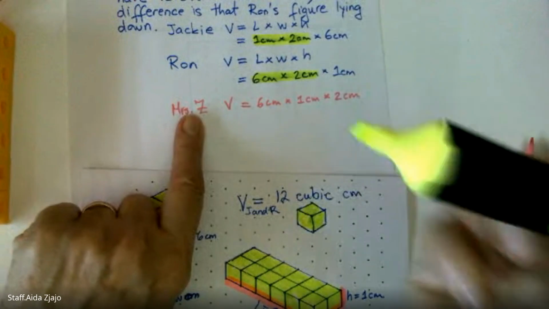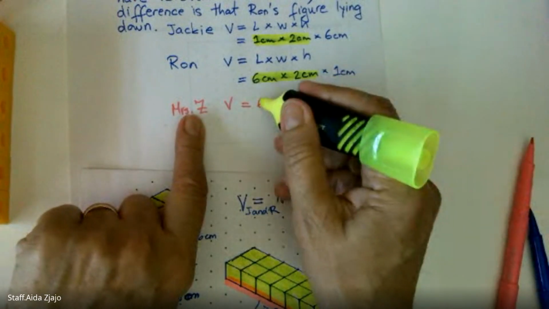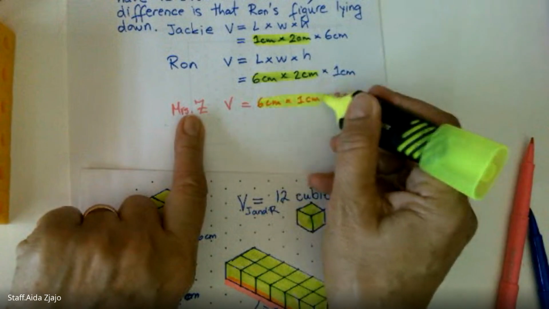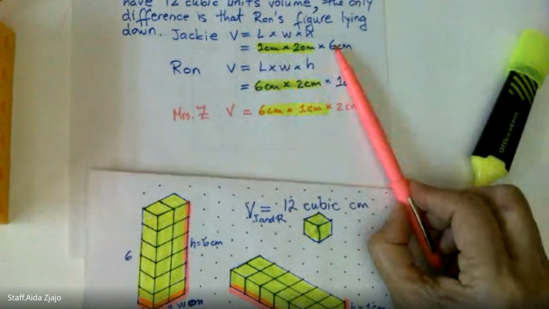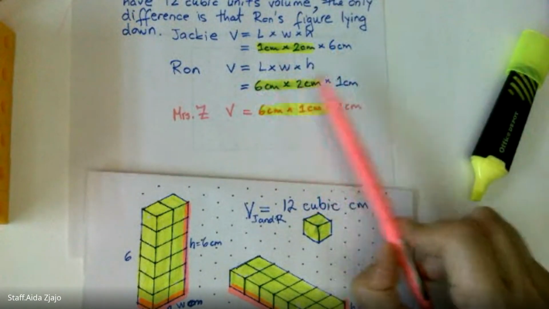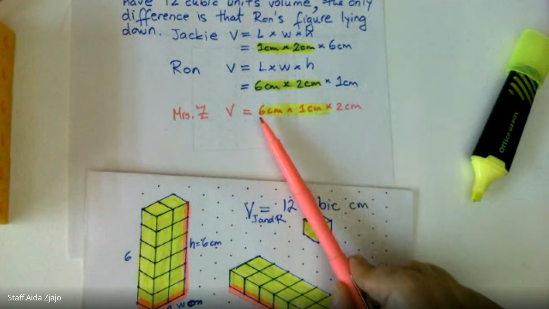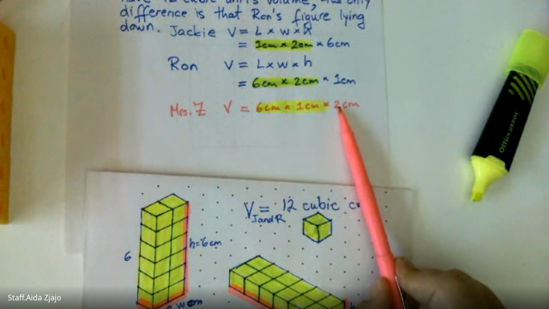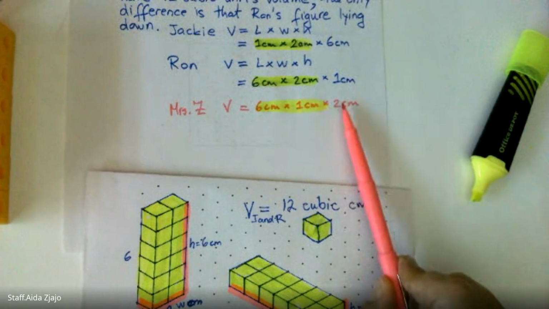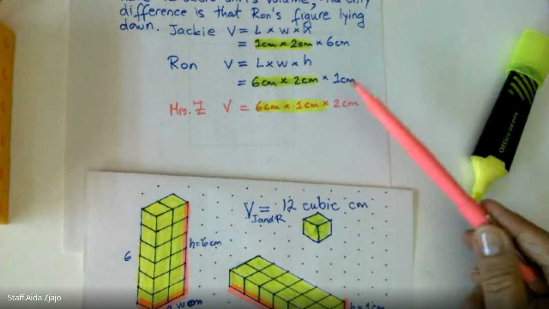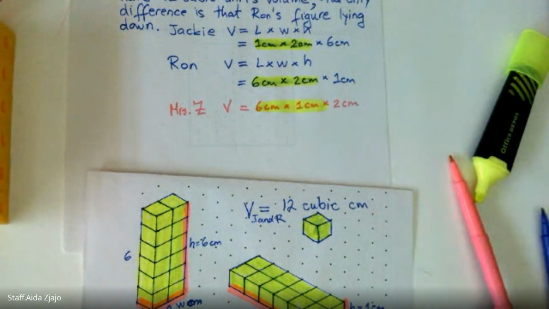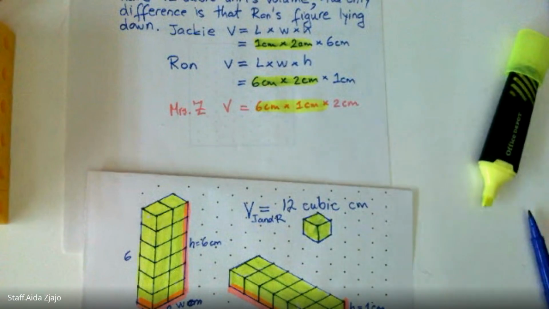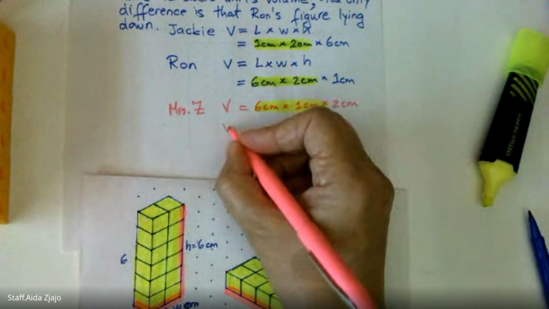As you can see, the values are all the same. I have 1, 2, 6, then 6, 2, 1, and again 6, 1, 2. Depending on which value I use for the height, the volume is the same.